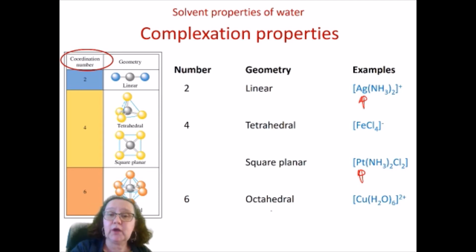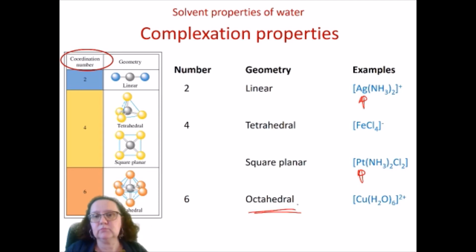And the most common one, by far, is octahedral, 6 ligands, so 6 molecules that can donate electrons surrounding the metal ion. This is, for example, how copper is dissolved in water, as hydrated copper with 6 molecules of water.